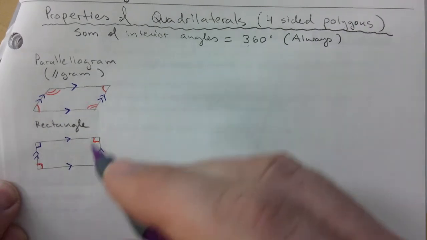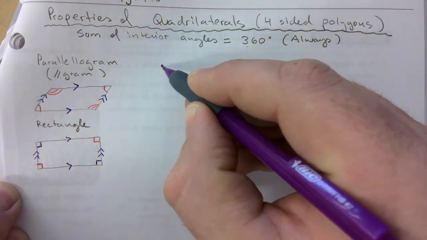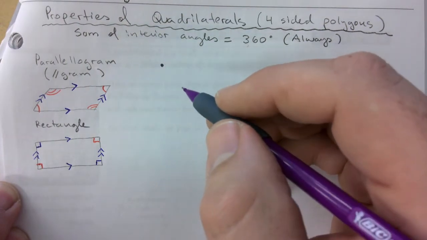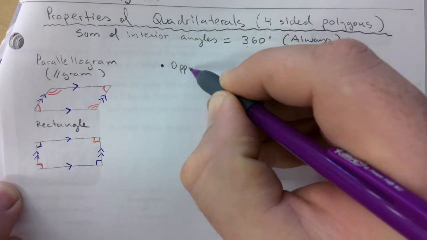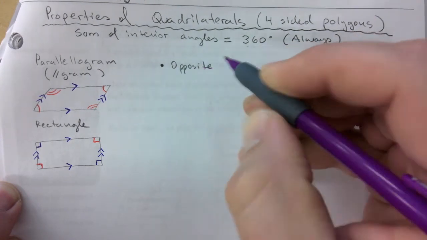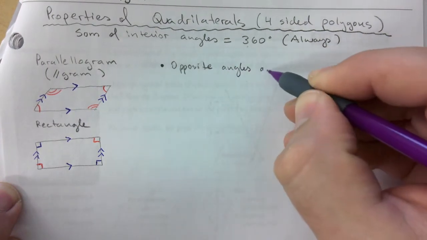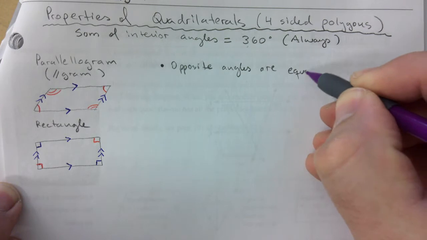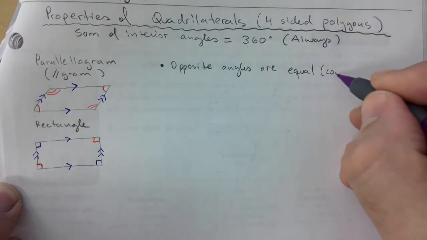Okay, so I'll tell you what you can know for both shapes. If I asked you to draw one, you need to identify that opposite angles are equal, congruent.